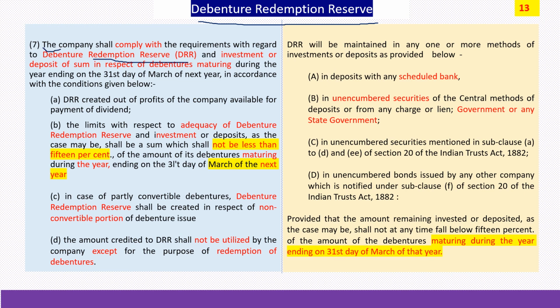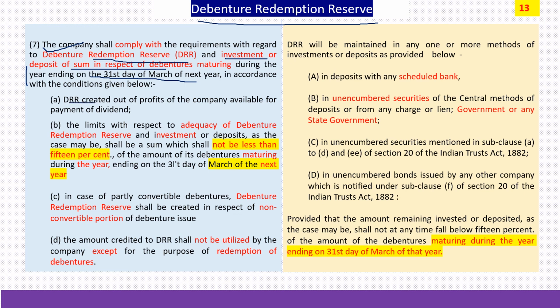One, the debenture redemption reserve is created and it is invested in specified securities. Creation and investment in securities so that it is available on maturity for repayment. And it is always linked to the debentures which are falling due for payment during the year ending 31st March. We can note the points one by one.